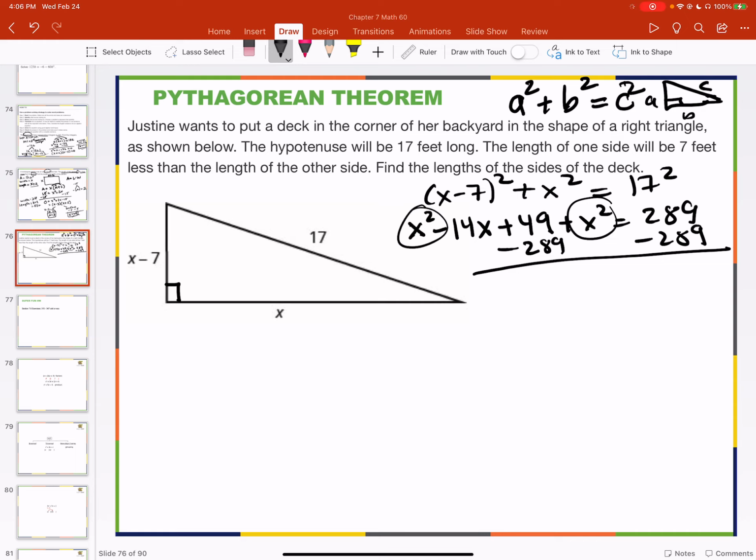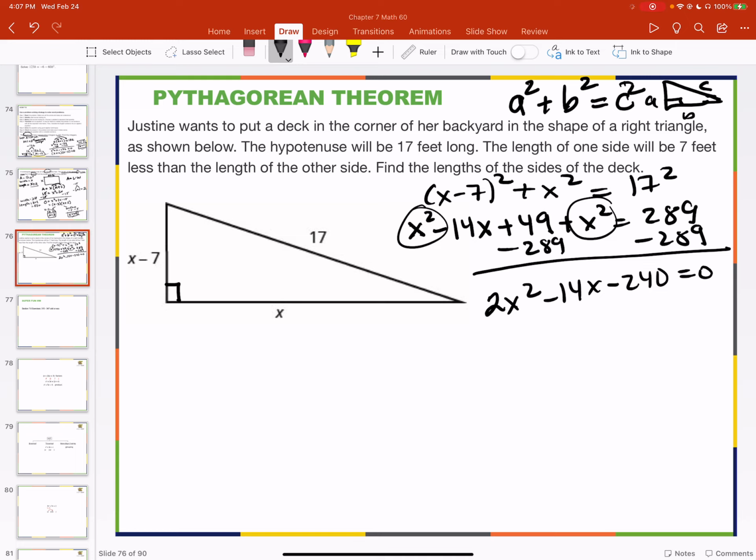These two combine because they're on the same side. So don't get combining like terms confused with subtracting from both sides, or what some people call moving a variable over. These two are on the same side, so I need to add them. So this is going to be 2x squared minus 14x, 49 minus 289 is negative 240, and that's equal to 0.